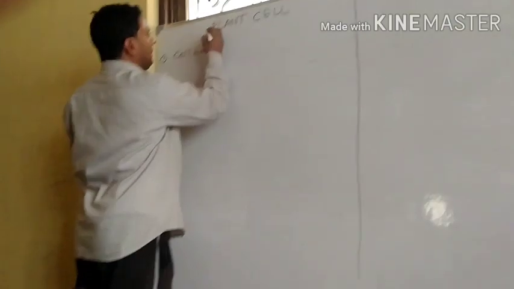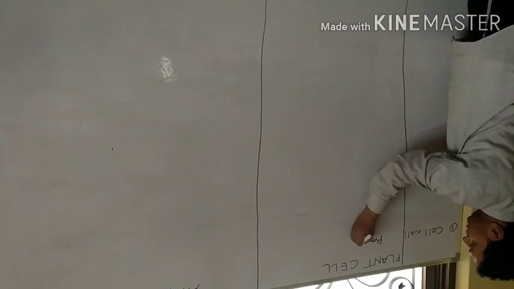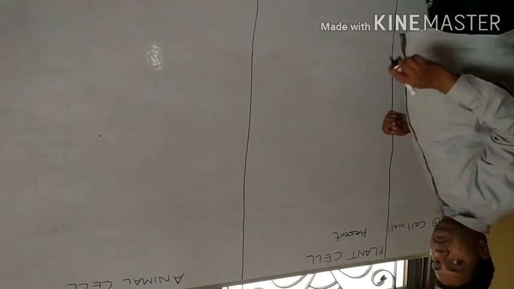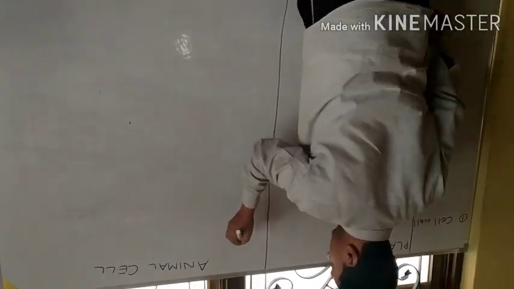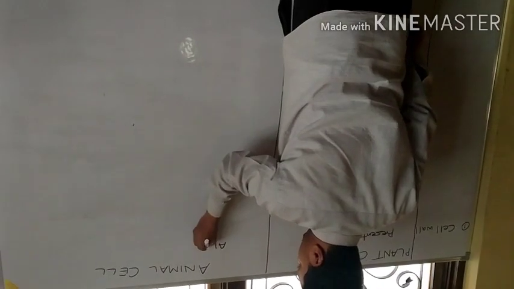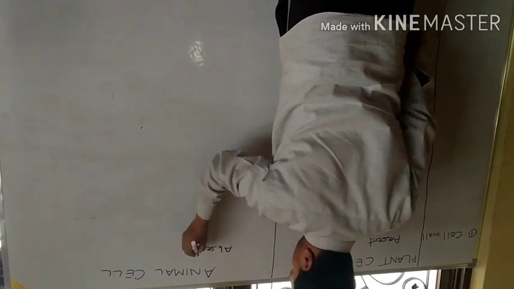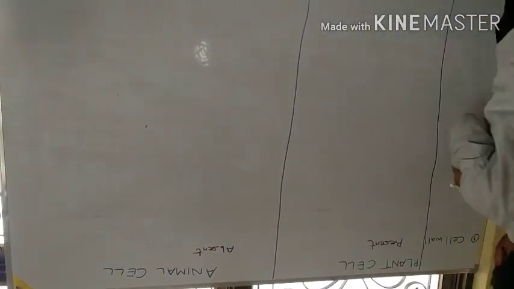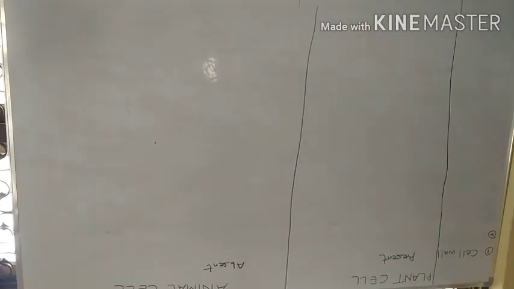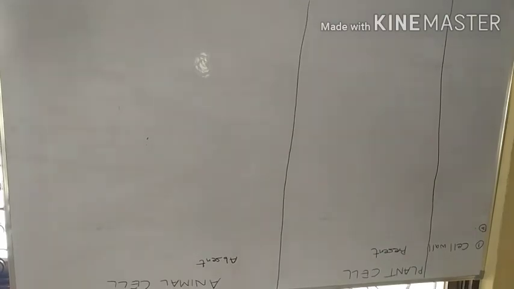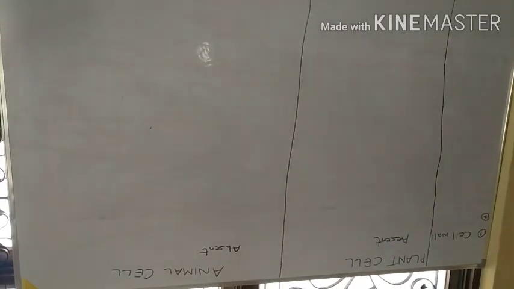So we will write in the plant cell category: cell wall present. In animal cell, cell wall is absent.